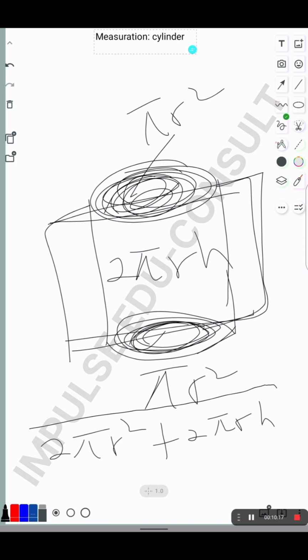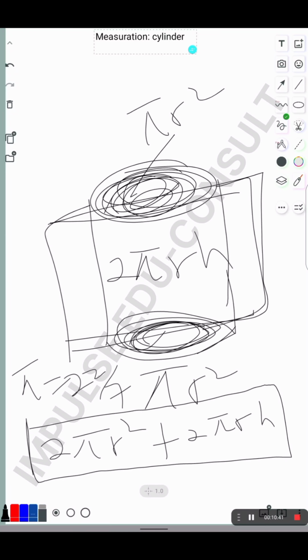This is the formula for the total surface area of a cylinder. Just insert any parameters given to you in the question, and your pi is 22 over 7, or as given in the question, maybe 3.142. You are good to go.